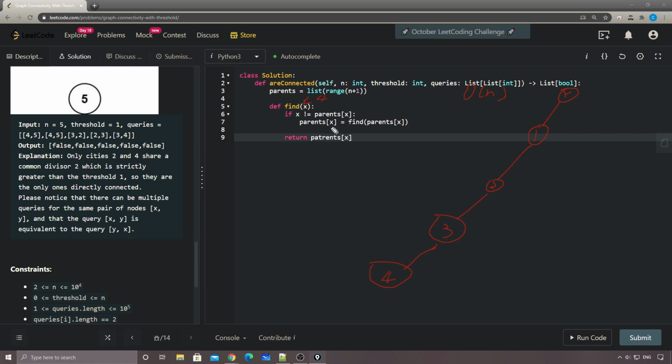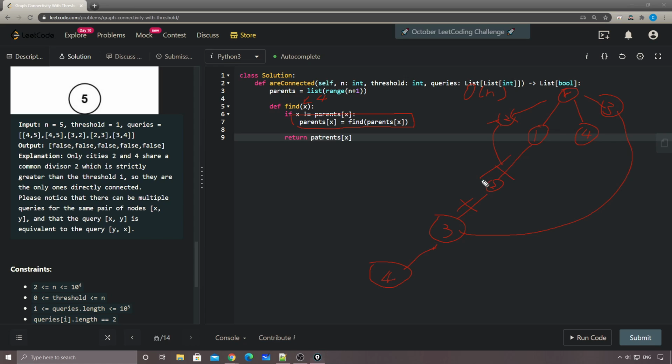But with path compression, since this is the root, the first time we find this 4, we remove 4 and attach it right below the root. Since we're using recursion, while we're finding 4, we are also moving 3 to here, and also 2 to here.